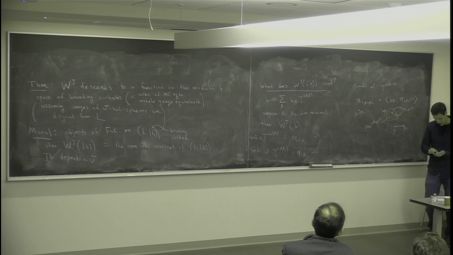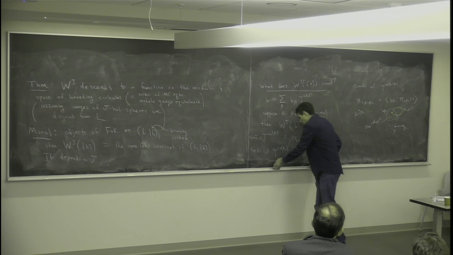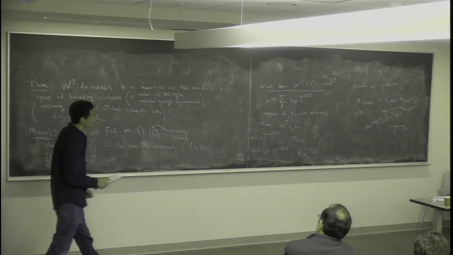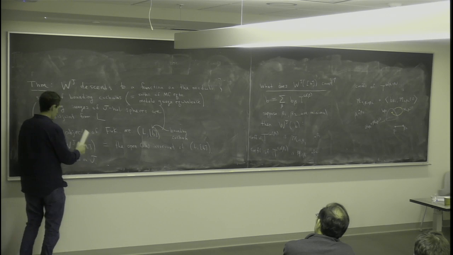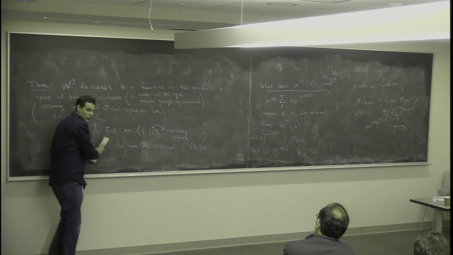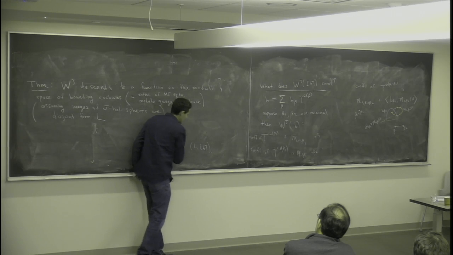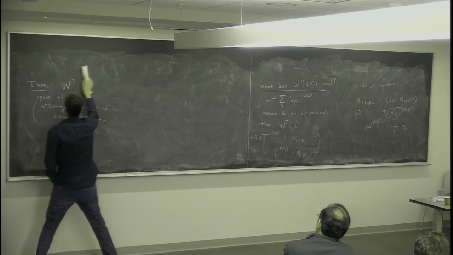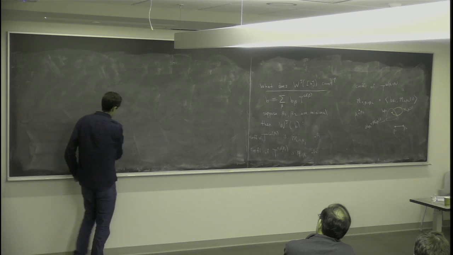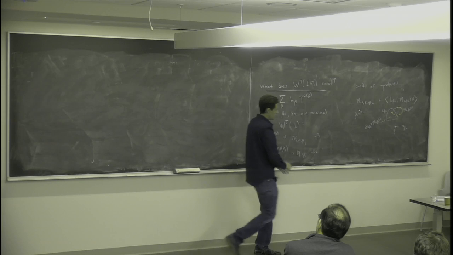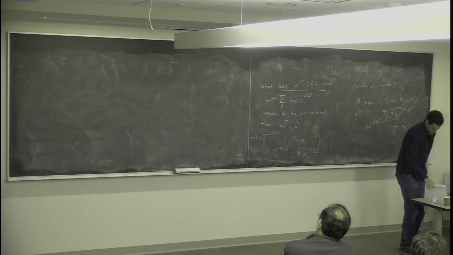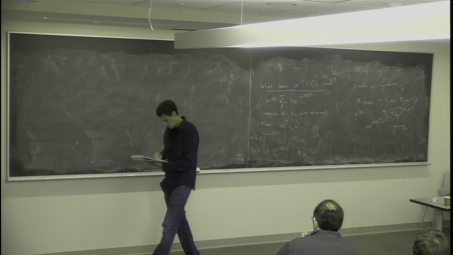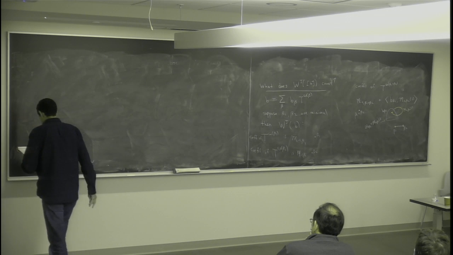So now let's go to the case that we're interested in. We have a non-closed Lagrangian that has a boundary. Okay, so back to our example where L has non-empty boundary.